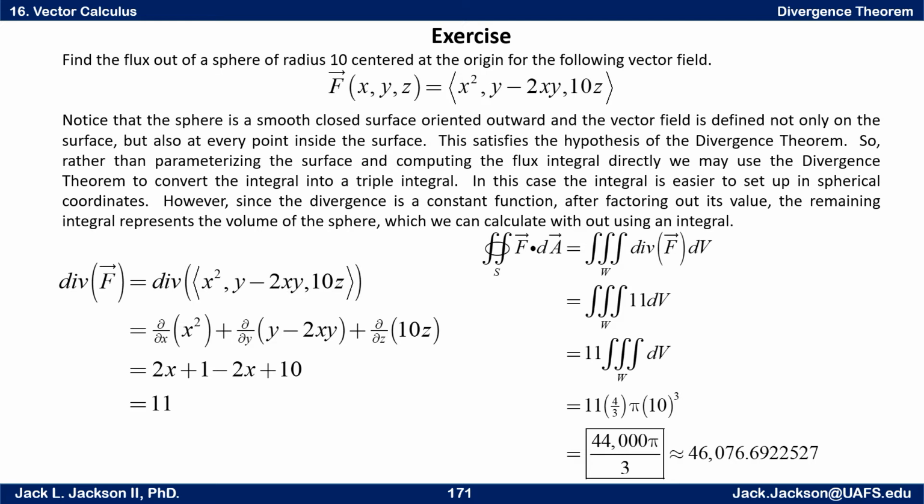We know the formula for the volume of a sphere. It's just 4/3 pi r cubed. So we can do this one without actually having to find any antiderivatives. Just plug that in, work out the arithmetic. That's 44,000 pi over 3, or about 46,077, which is what we set out to find, the flux out of the sphere.